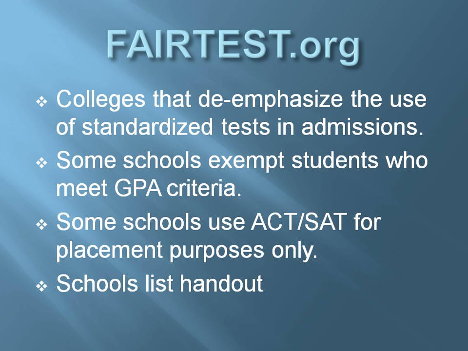That means that they realize test scores are not always the whole picture of a student, and it might not always give an accurate portrayal of that student's ability. They often look at things like GPA, and some schools even exempt students from submitting ACT or SAT scores if they meet their minimum GPA criteria. Additionally, some schools have started to use ACT or SAT scores for placement purposes in specific courses only.